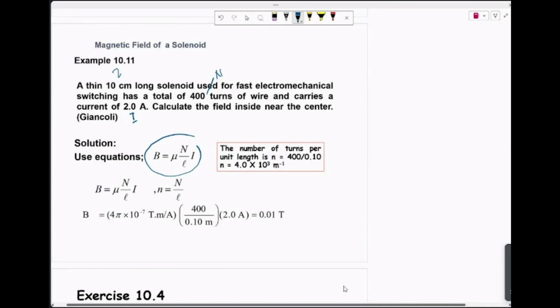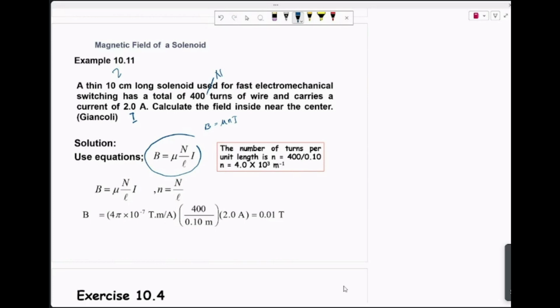Once you know the respective equation, you identify the given values and what variable each one is, and then it's very obvious how to determine the answer. Remember there are two equations. B equals mu, and I think this one is going to be provided in your list of equations, but I'm not quite sure.